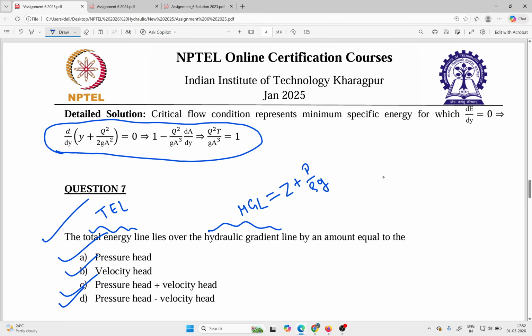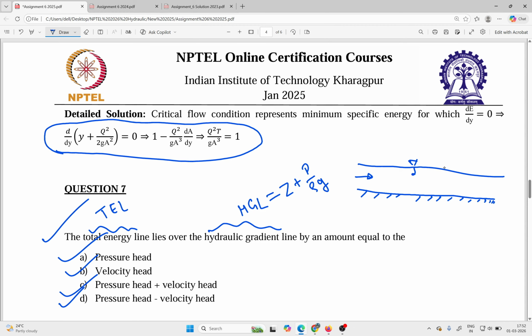Let us assume you have a channel like that and water is flowing in this direction, and this is your bed level.